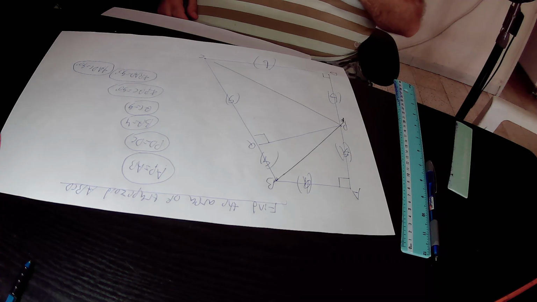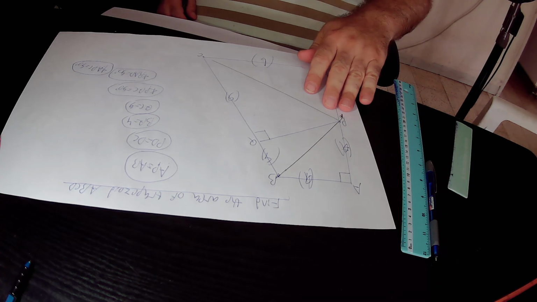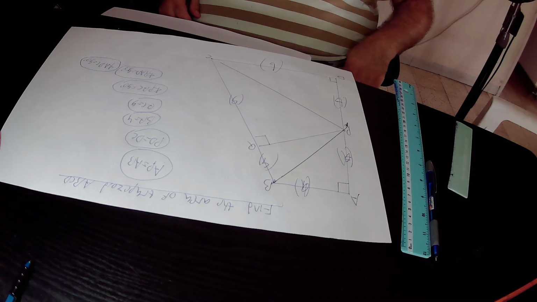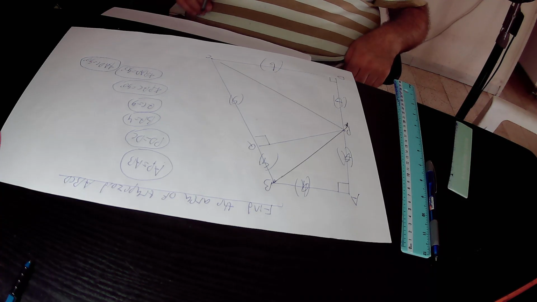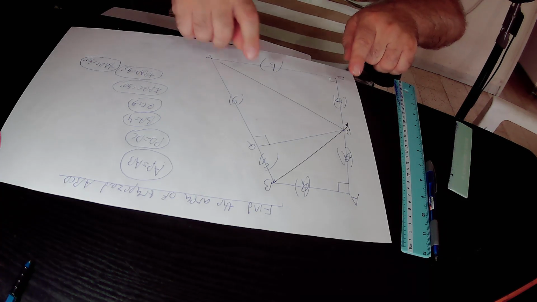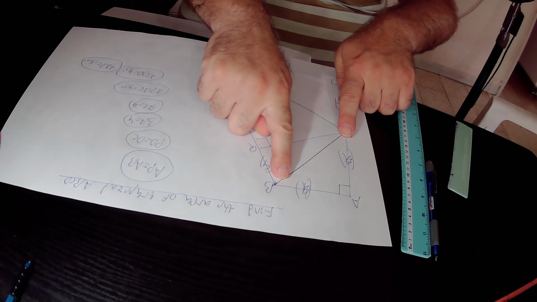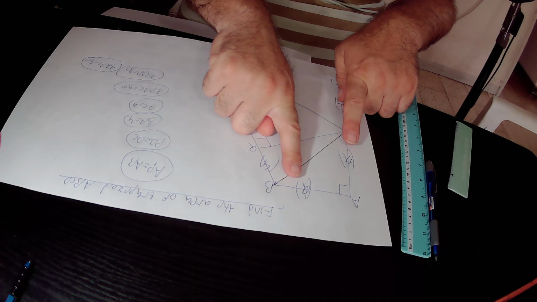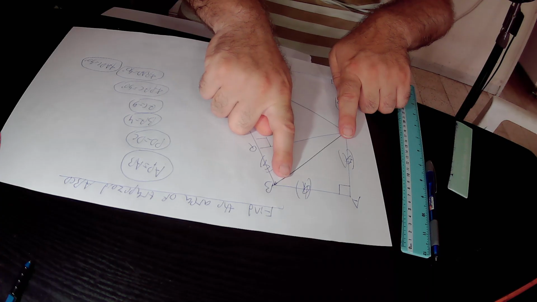So we have the rule that in front of equal sides in a triangle there are equal angles. So those two angles that are located in front of those two equal sides must also be equal to each other in size.